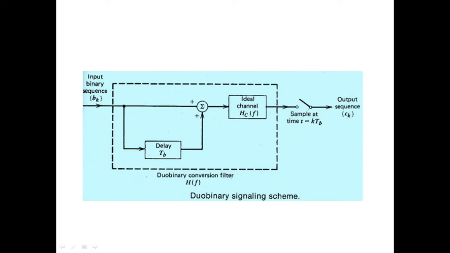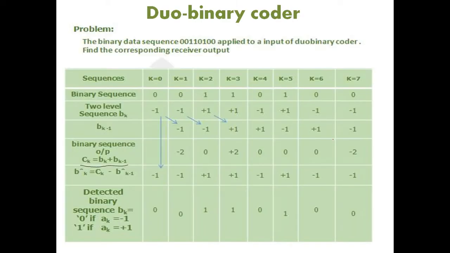So bk is the upper path, and this one is a delayed sequence. If we add both together, after passing through the channel, the sequence is said to be ck. The received sequence is ck, and that one we are taking as an output sequence.